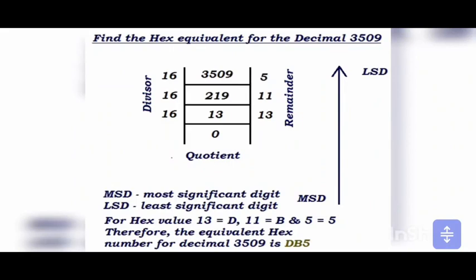So it can be written as 13, 11 and 5. 13 has a value of D, 11 has a value of B and 5 is equal to 5. So it is written as DB5, the hex value of decimal number 3509.